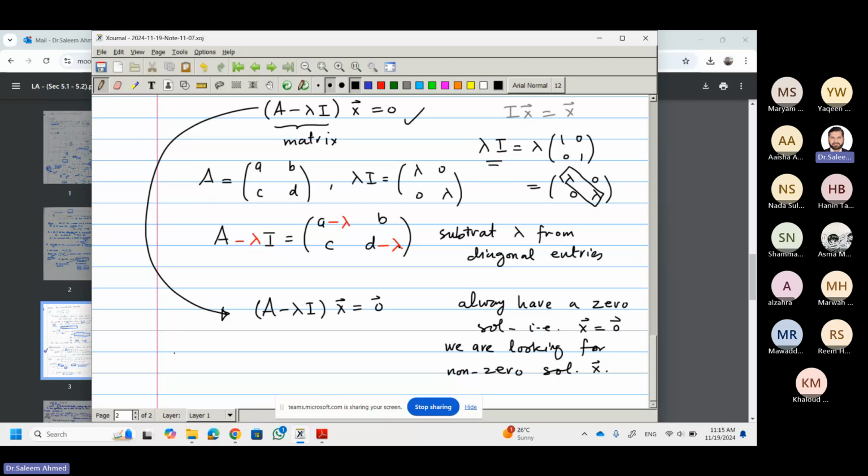So a homogeneous system, if you recall from your previous chapters, this is a homogeneous system, right? The right-hand side is 0.